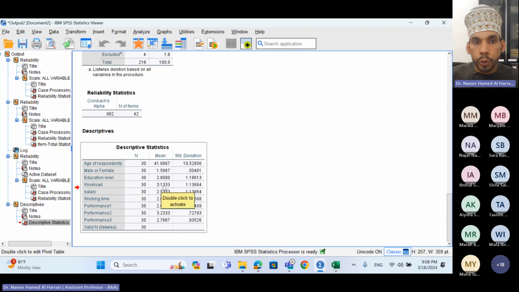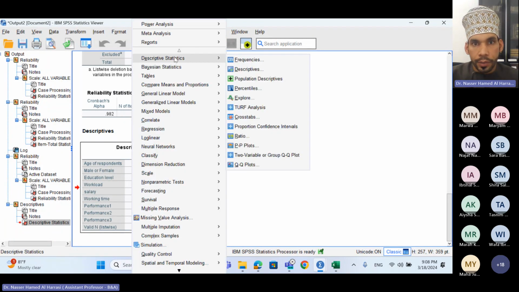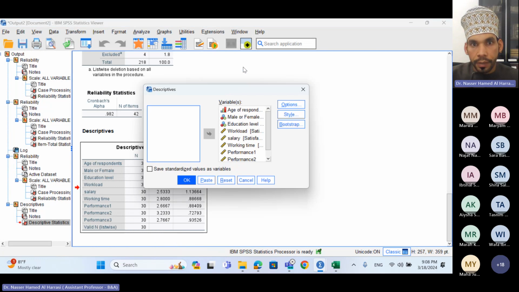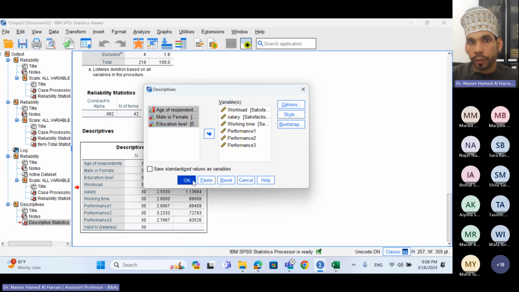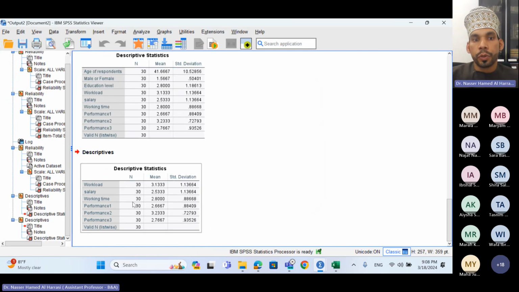Immediately go to the workload. Here the mean is 3.1, then the salary 2.5, then the working time, and so on till the last variable, performance, 2.7. For example, now I'm going to remove the three demographic variables to make it simple for yourself. Analyze, descriptive, and click OK. So here the table is almost ready.